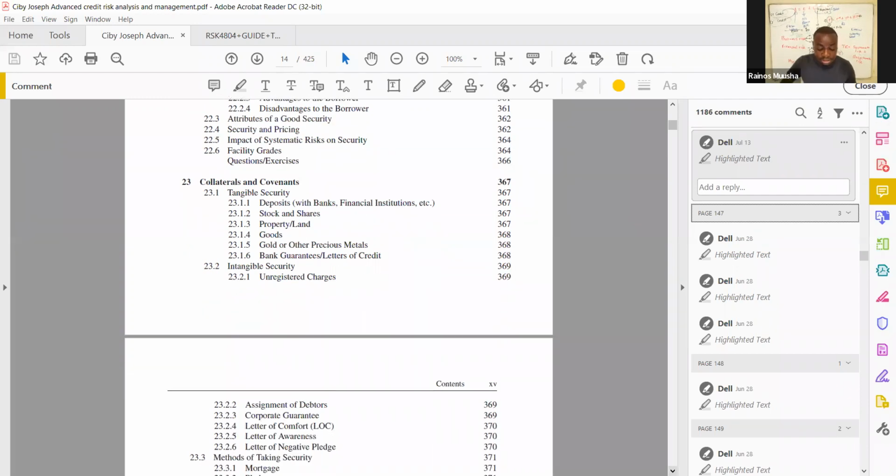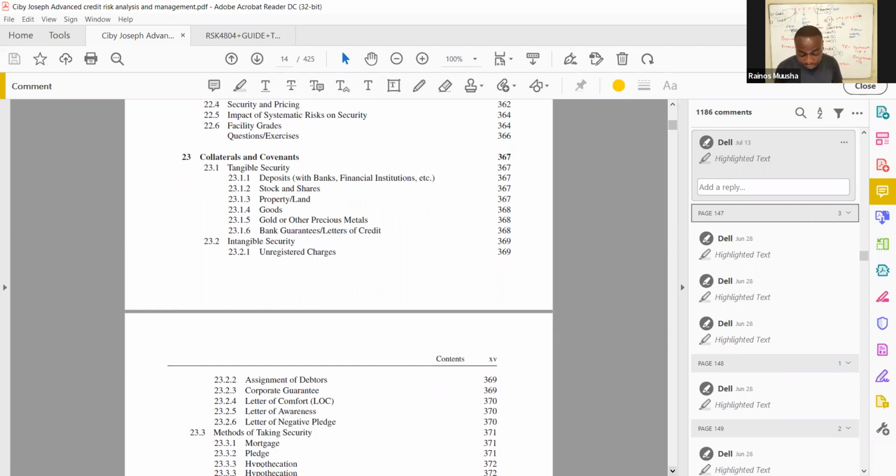Is the security you're giving out tangible or intangible? They give us the different forms of tangible securities available, and also the different forms of intangible securities available.